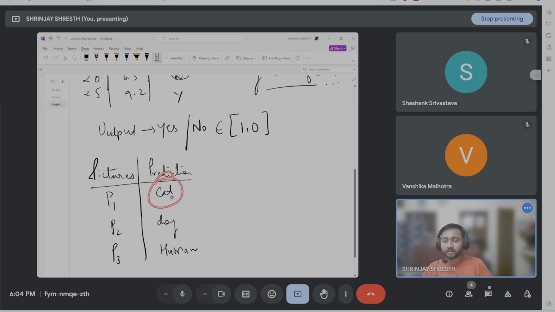Either that picture could be a cat, dog, human, or whatever else, जो भी तुम्हारा मन है. So these kind of problem in which you have different classes, more than two, multi-class, these are known as multi-class classification.